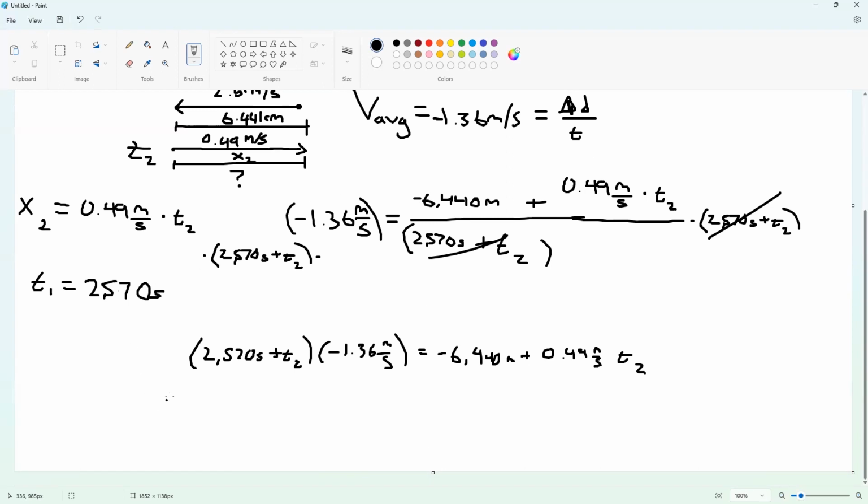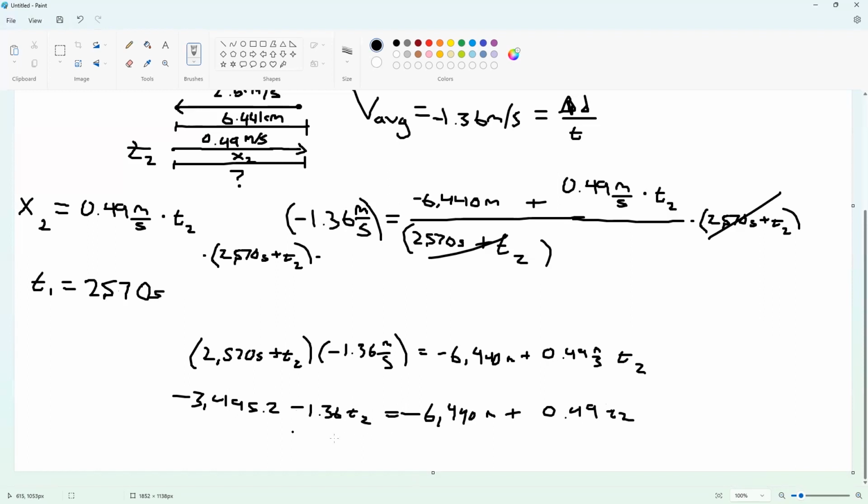So we're going to get negative 3,495 minus 1.36 T2, which is going to be equal to this number right here, 1,440 meters plus 0.49 T2.